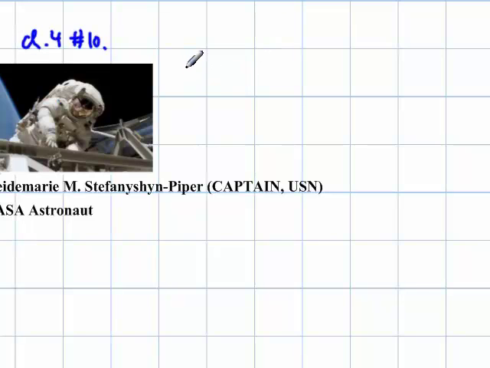So her mass is originally 55 kilograms. Now she is on board the space station or the space shuttle, and while in orbit, a measurement determines that a force of 100 newtons causes an acceleration of 1.90 meters per second squared.